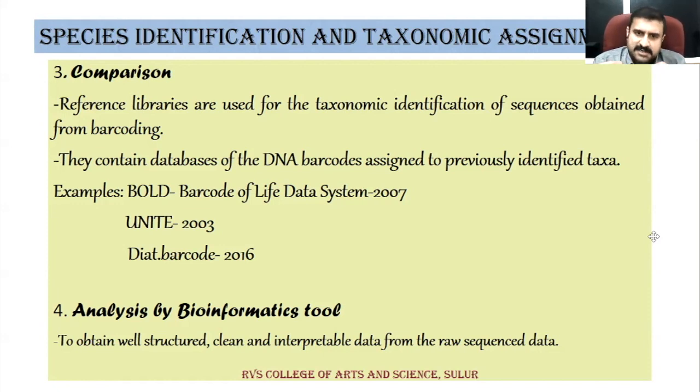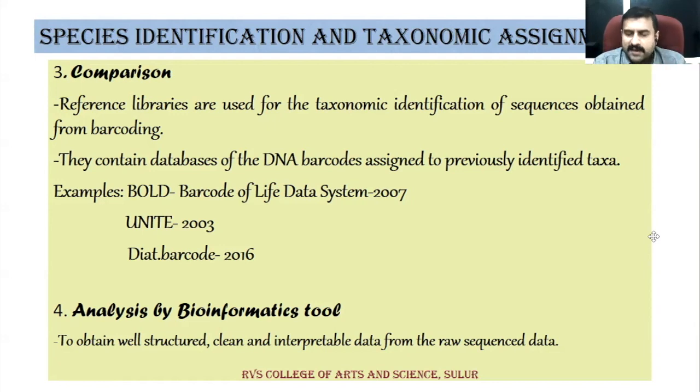So that is my wish, or everybody's wish who is going to do this DNA barcoding. But when we say clean data, and here it is mentioned that you can give raw sequence data, that doesn't mean that you have to give unclean data. Whatever data you are giving should also be pretty much clean. Then only the output data will be clean.